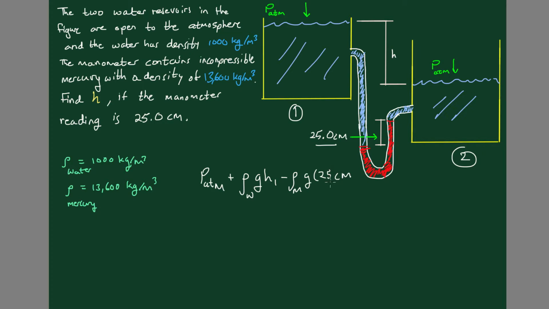Of course, we can write the 25 centimeters as 0.25 meters.